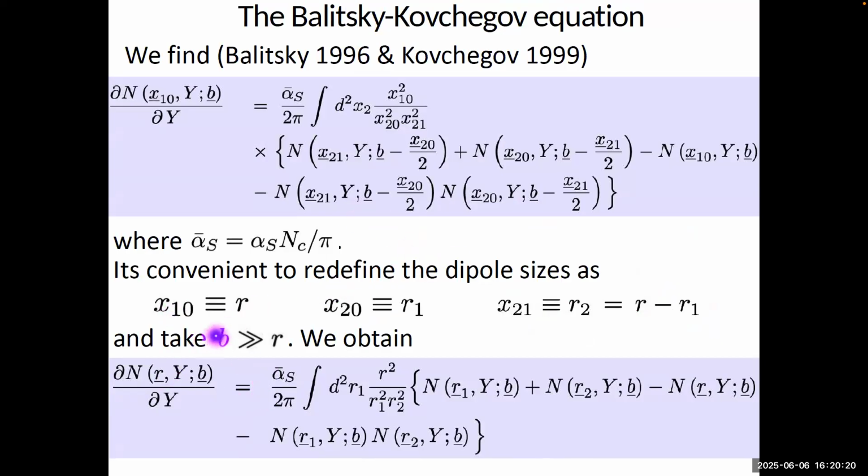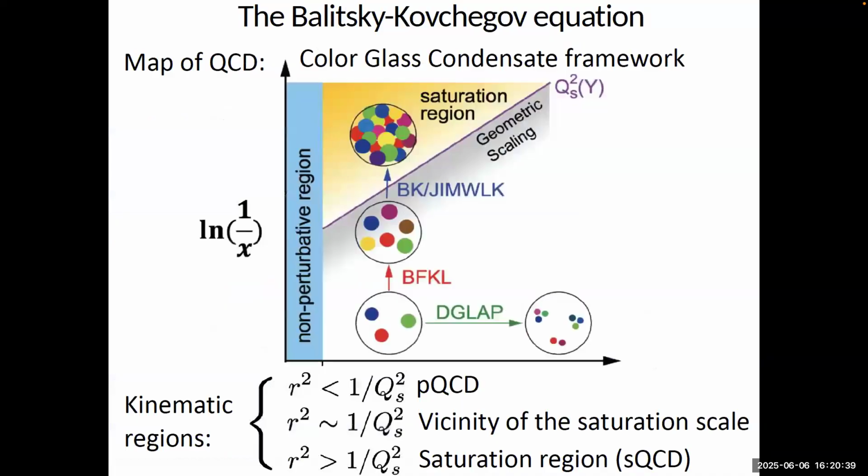We say that the impact parameter is large, so with that we can simplify this dependence as follows. And it is better not to use this x10. It's better to use this R for a clearer notation. Now, these are the typical kinematic regions that we deal with in QCD.